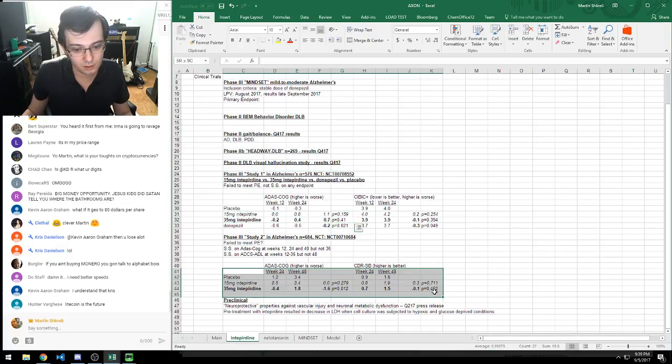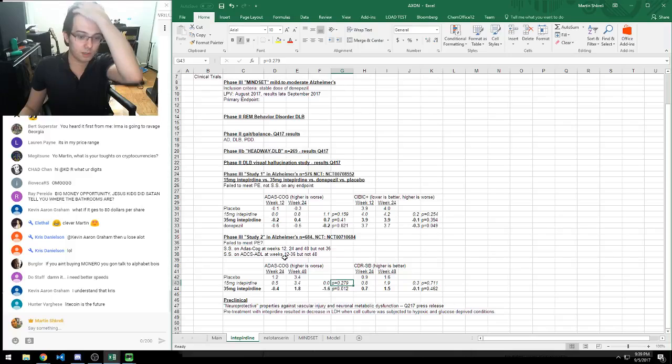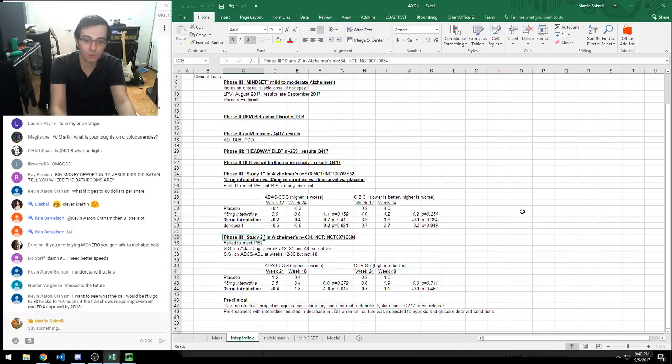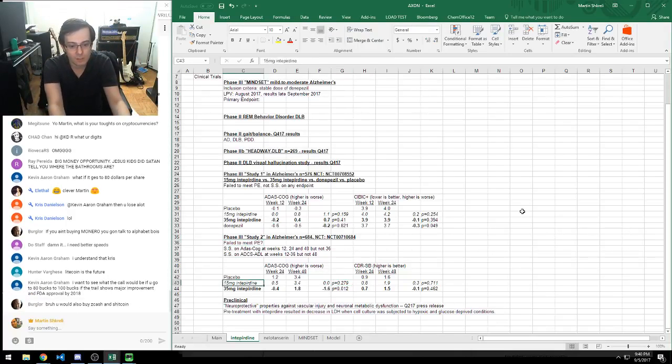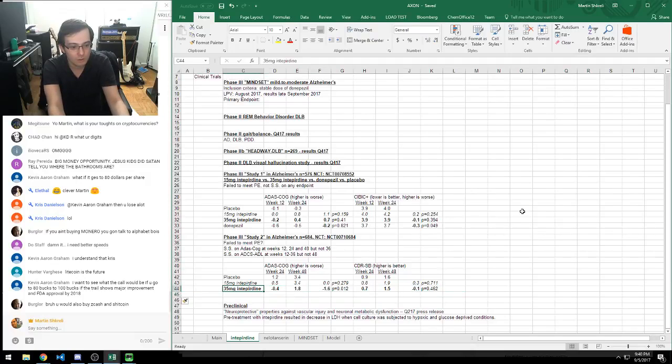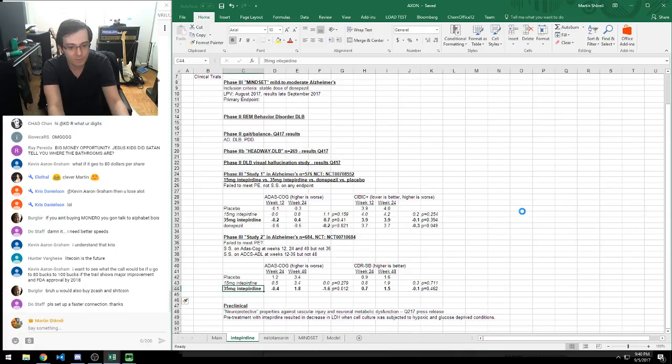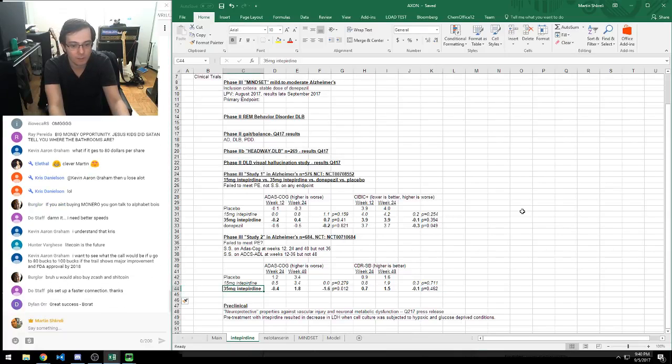We did see that it was successful in study 2. Now, in study 2, all patients were on donepezil, so the theory could be that combining these two would be beneficial, that there would be some sort of synergy. But I don't know. And the fact that the secondary endpoints didn't do well is a little concerning too.